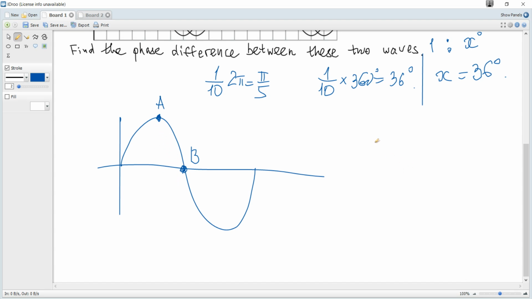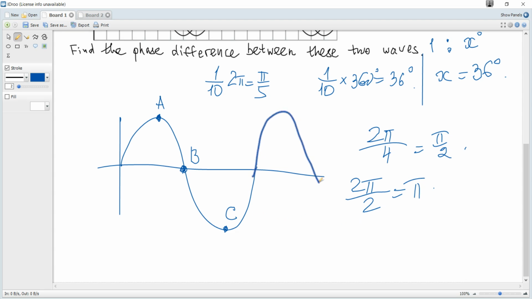Hence phase difference is 2 pi divided by 4, or pi over 2. For example, point A and point C, we can see that they are separated by half a wavelength, so the phase difference is 2 pi over 2, it's pi, and it's called that they are in antiphase.